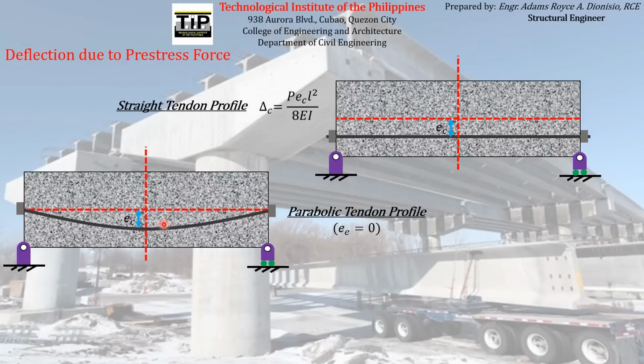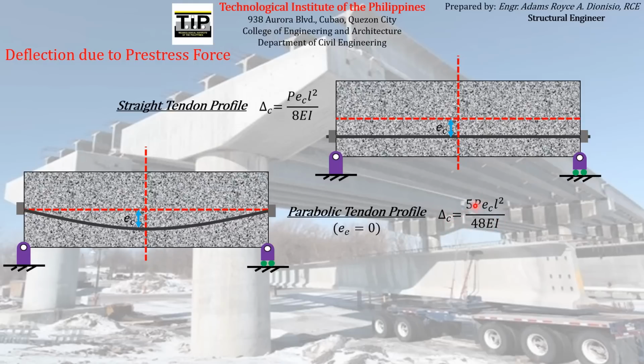For finding the deflection of a beam with parabolic tendon profile, we can use this formula here. The maximum deflection will occur obviously at midspan, and the magnitude of that deflection at midspan is equal to this.